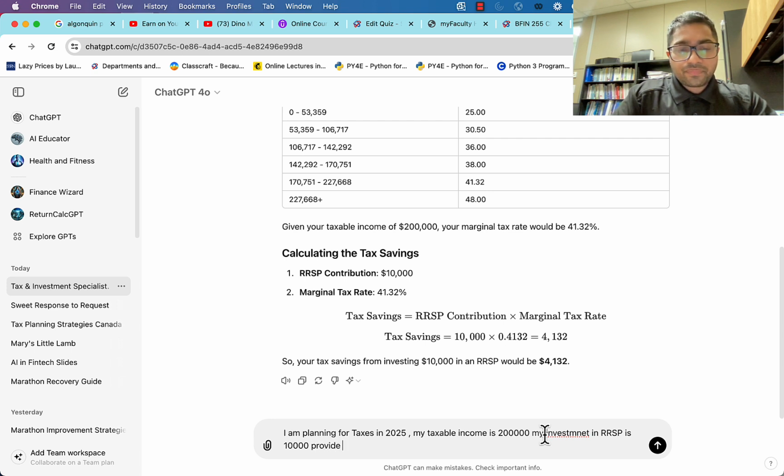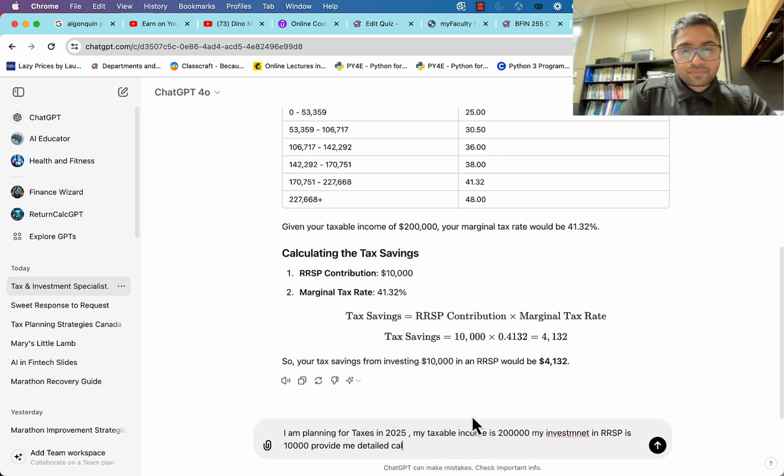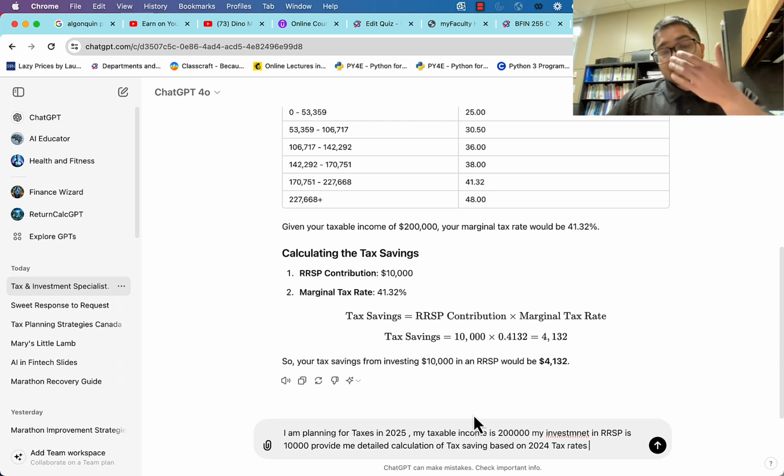Provide me detailed calculation of tax savings based on 2024 tax rates, because when you file taxes in 2025 you're filing it for the previous year, that is 2024. So let's see what happens.